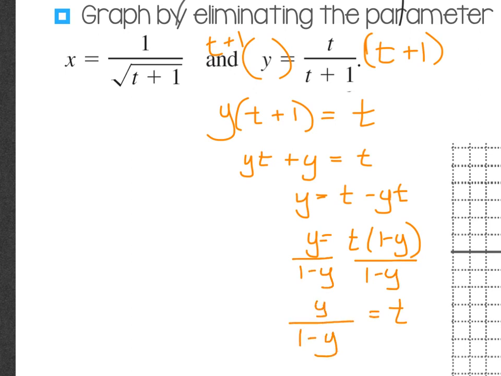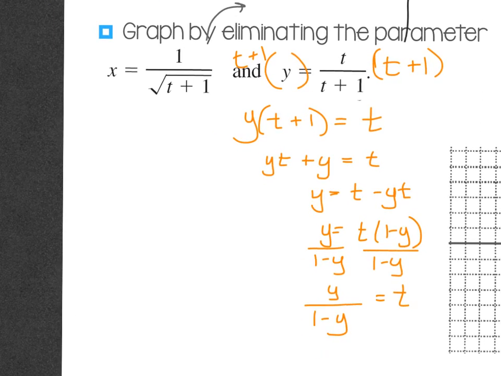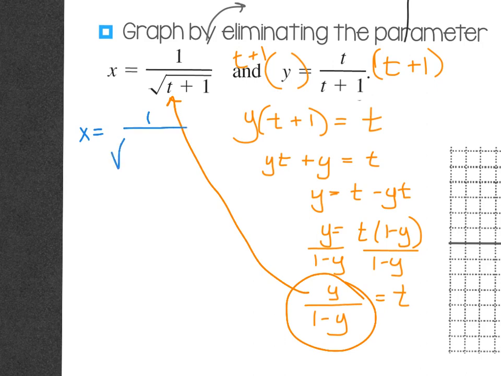Okay, so now I want to take what t equals and plug it into the other equation in place of the t. I get x equals 1 over the square root of y over 1 minus y plus 1.